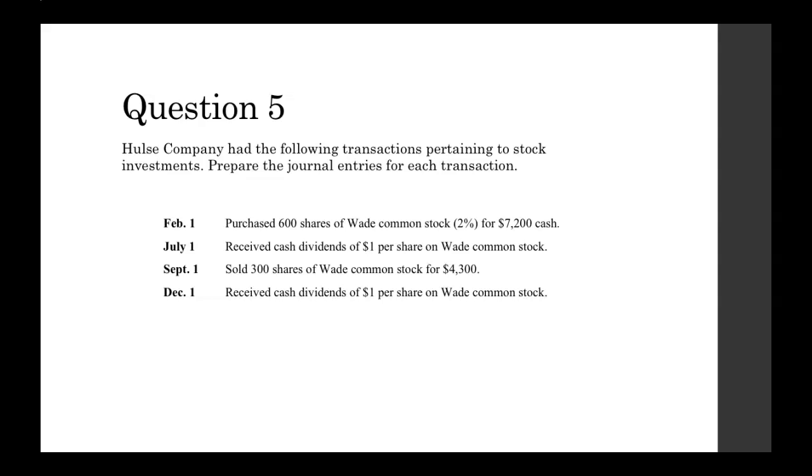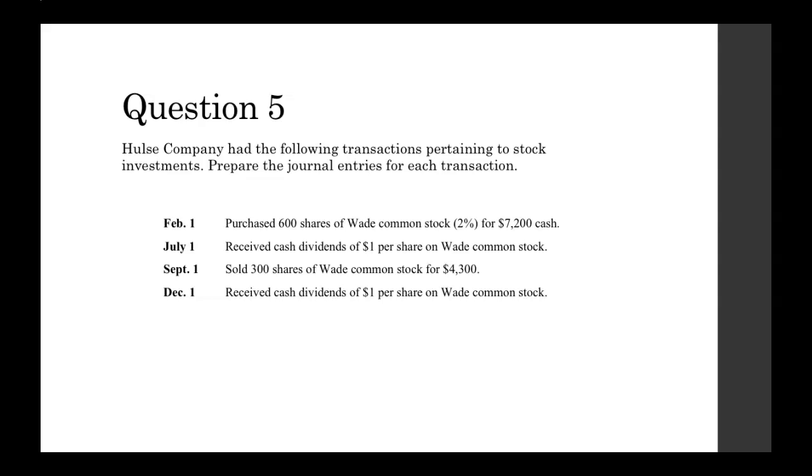So, this is where we have to think, is it cost method or equity method? If it's between 0 and 20% ownership, it's cost method. If it's 20 to 50% ownership, it's equity method. In this problem, on February 1st, you purchased 600 shares of Wade common stock for $7,200 cash.